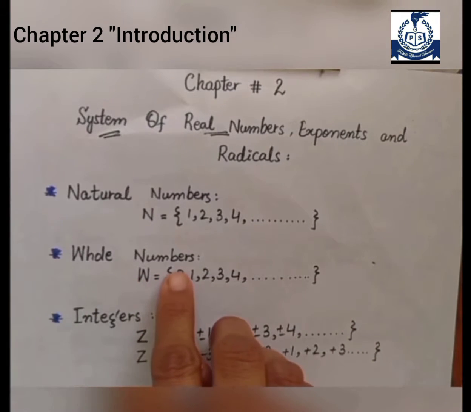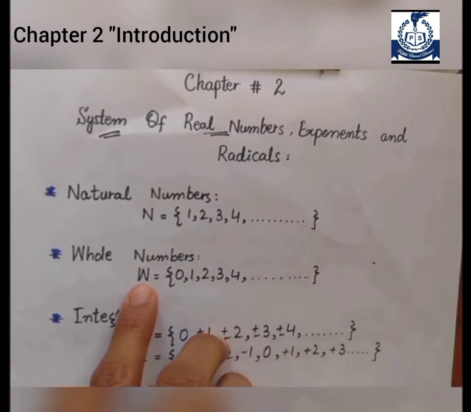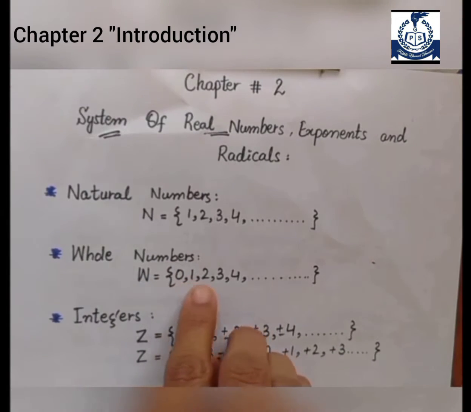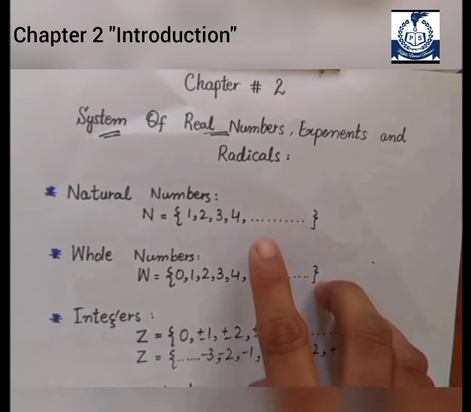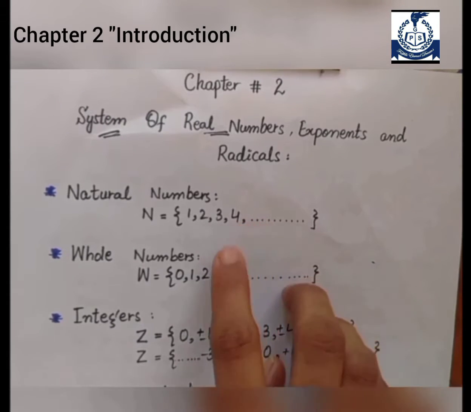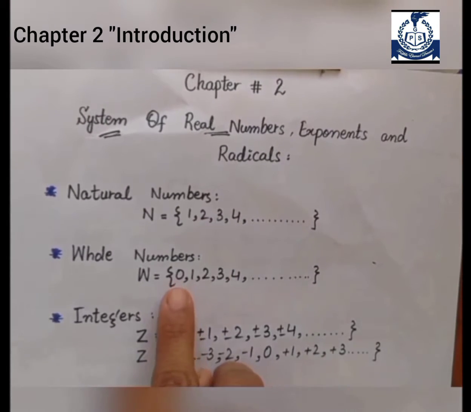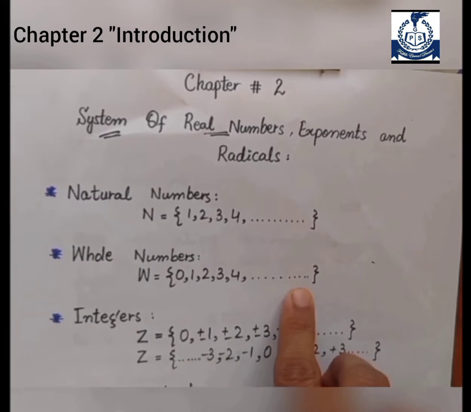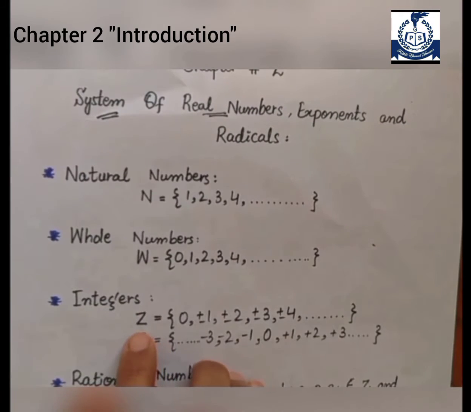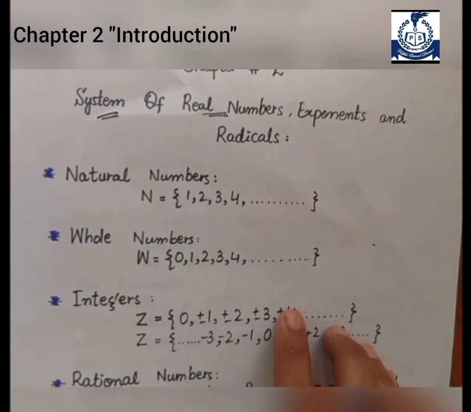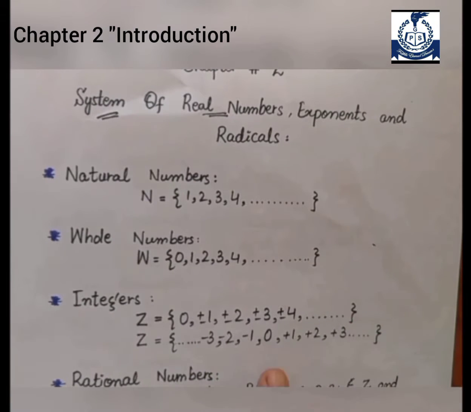Whole numbers denoted by capital W, and these numbers start from 0, 1, 2, 3, 4 and so on. The natural numbers and whole numbers, both are positive integers. Integers denoted by Z, which start from 0 and have both positive and negative numbers.